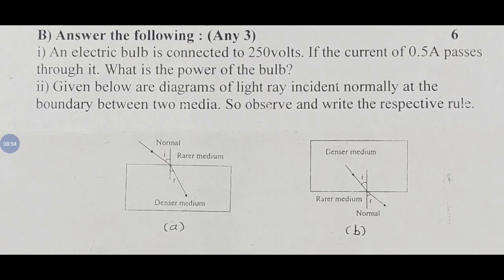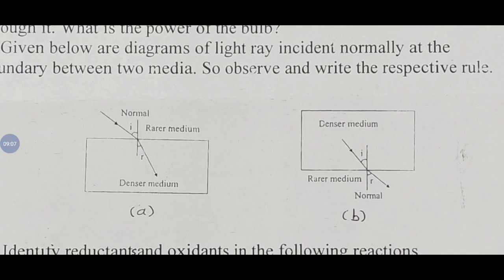Now given below the diagrams of light ray incident normally at the boundary between two media. Observe and write the respective rule. In the question this word is given, observe, so these diagrams are not needed to be drawn in your answer sheet, only observe and write whatever the question asks.